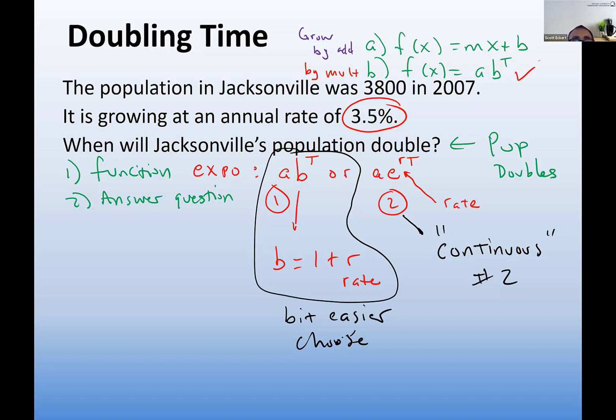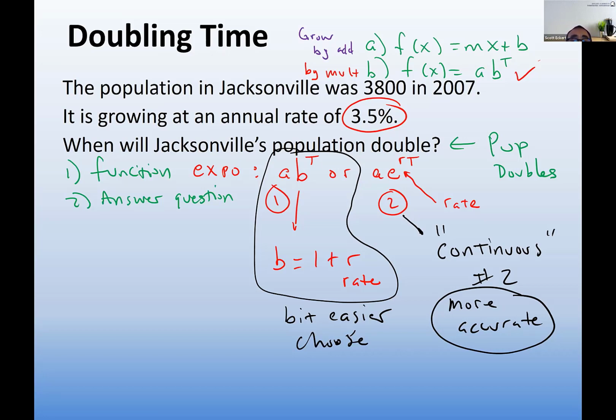Do you have any questions about that discussion? Now, theoretically, we can use either one. A biologist would say the second one is more accurate, because that's how population is. Population doesn't stop growing.